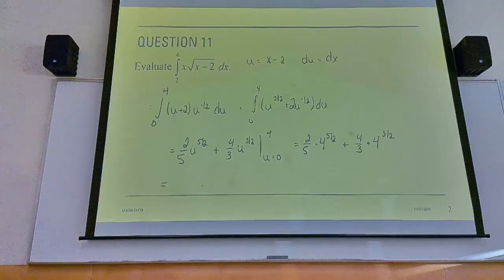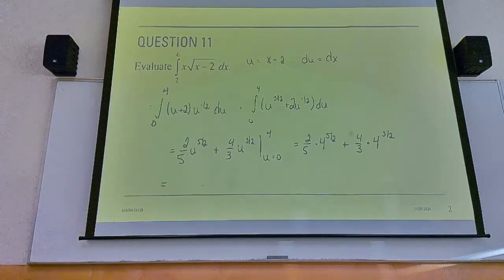It's 4 to the 5th. So square root of 1024 is what?